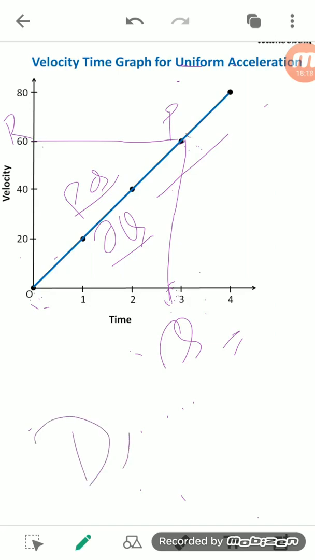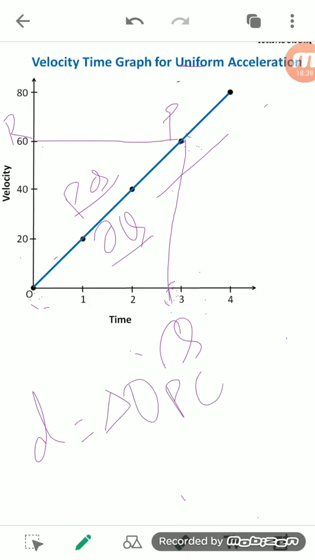So the distance traveled is equal to the area of triangle OPQ.